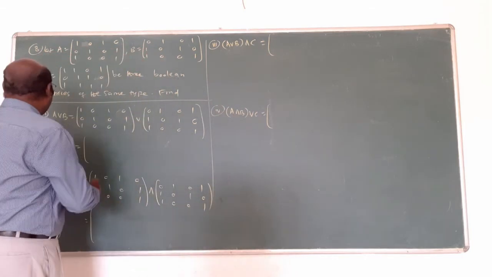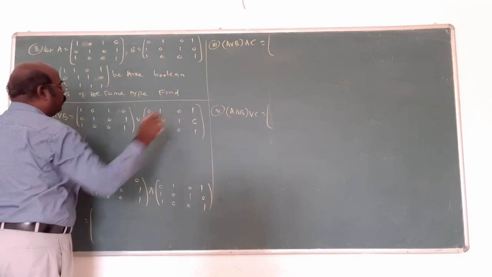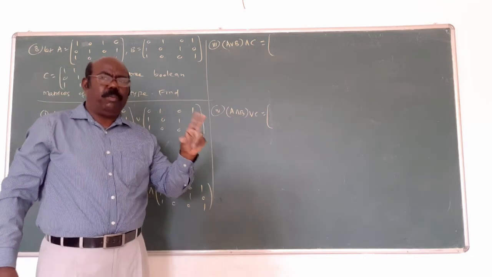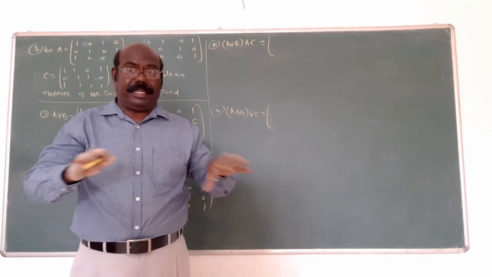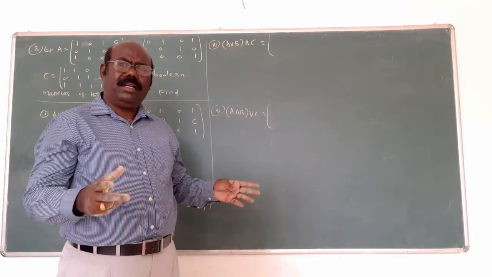A disjunction B, A matrix, B matrix, symbol. This symbol involving, both will be F means F, remaining all T. Here both 0 means 0, remaining 1.